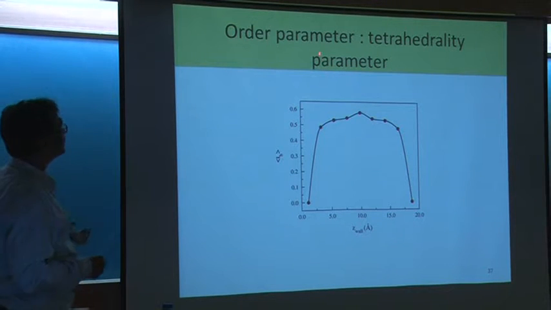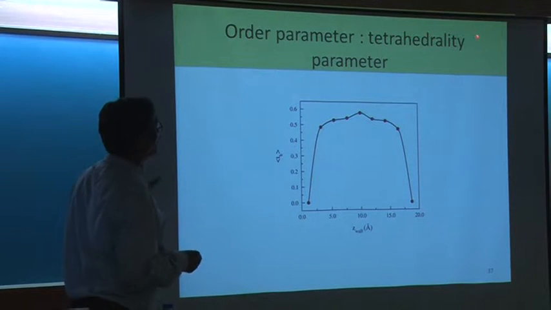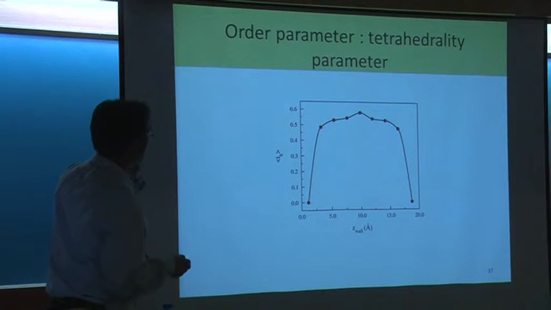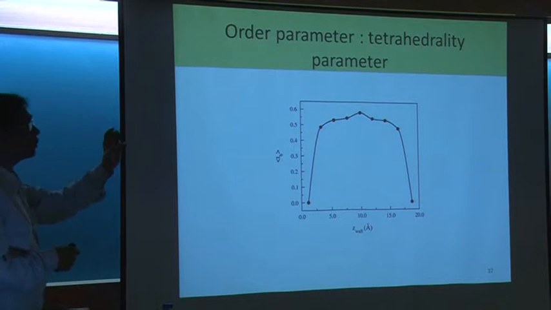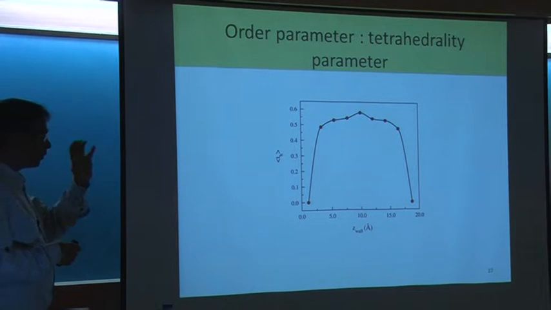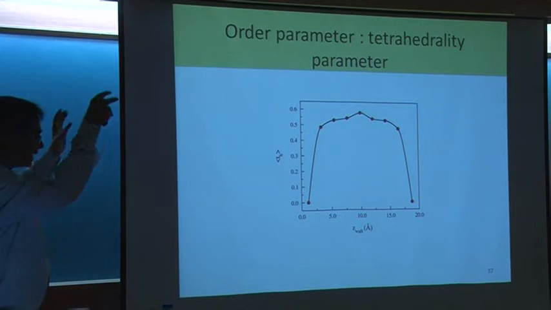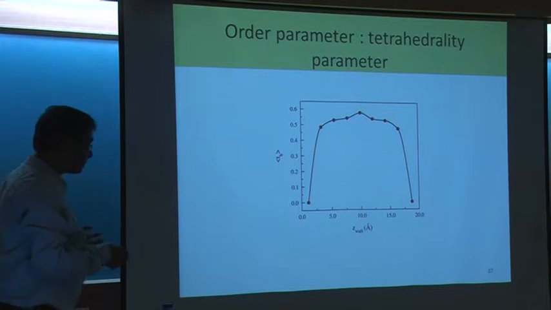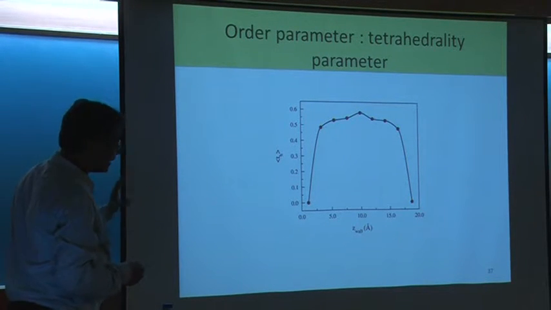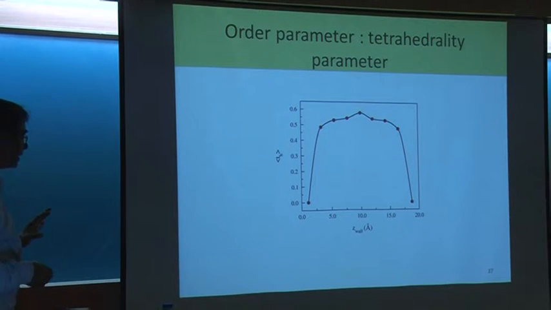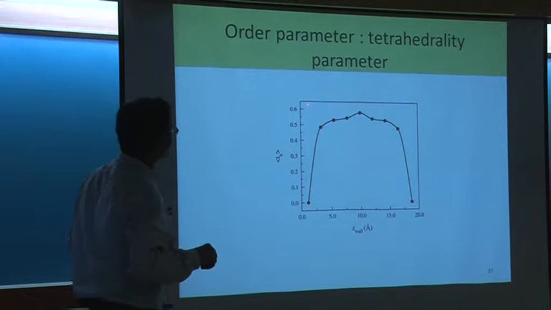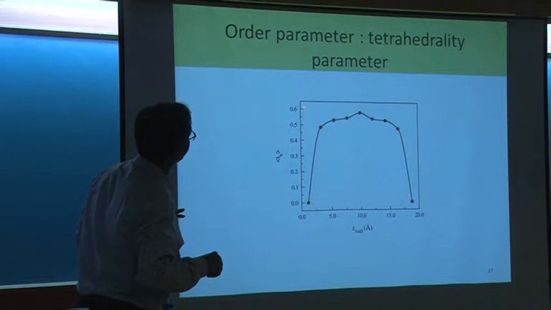And then this is another order parameter, the orientation order parameter called tetrahedrality. I talked about it yesterday: how tetrahedral is the arrangement of the nearest neighbors of individual water molecules. This orientation order parameter plays a very important role in freezing, melting, and all properties of water. Here also we see in bulk water it is 0.63.